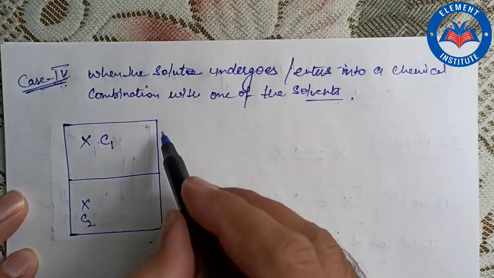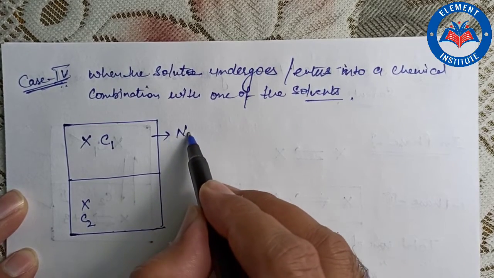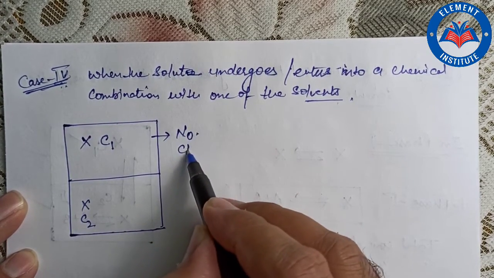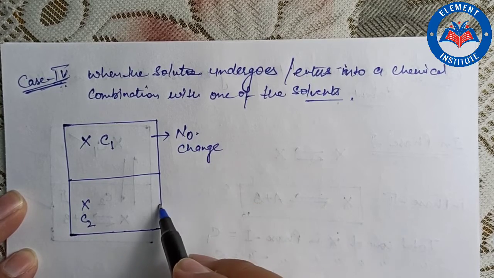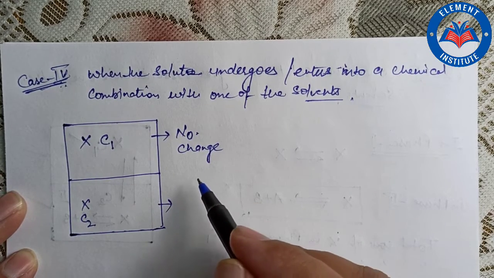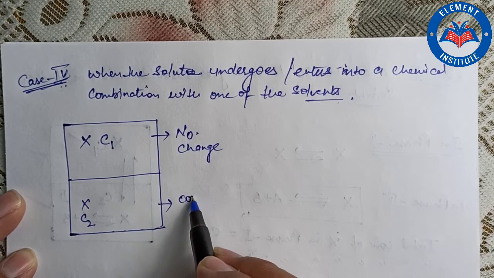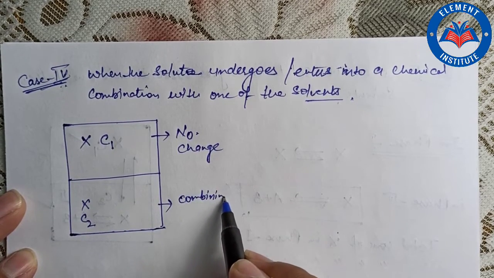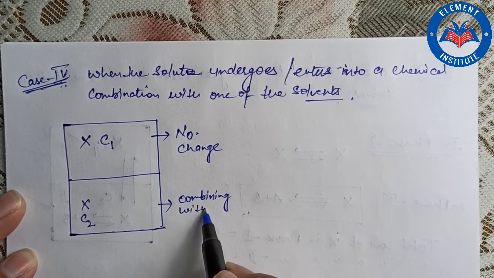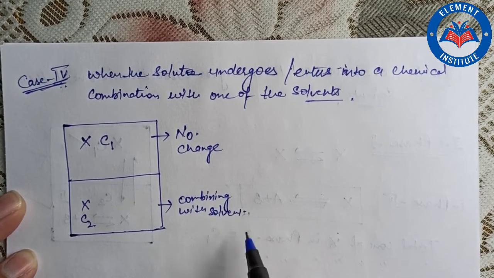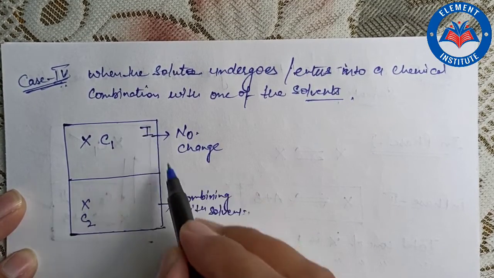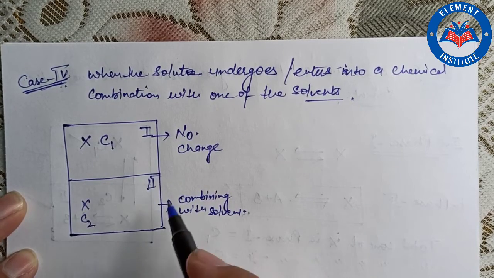In phase 1 there is no change, and here it is combining with the solvent, solvent 1 and solvent 2.